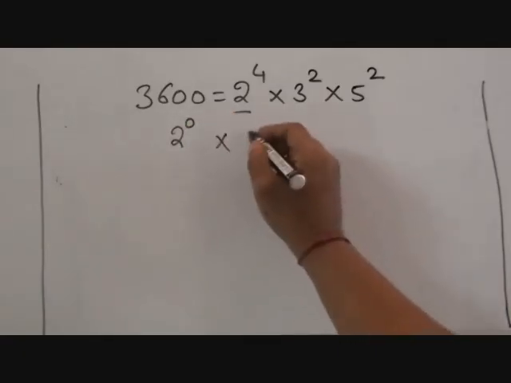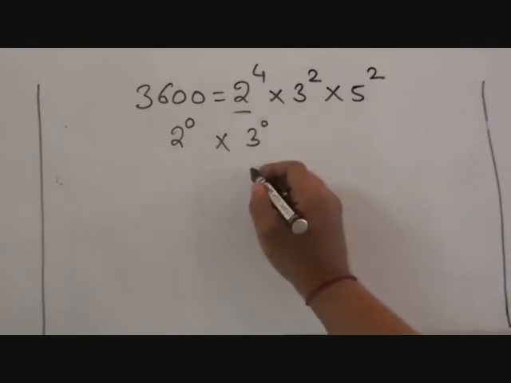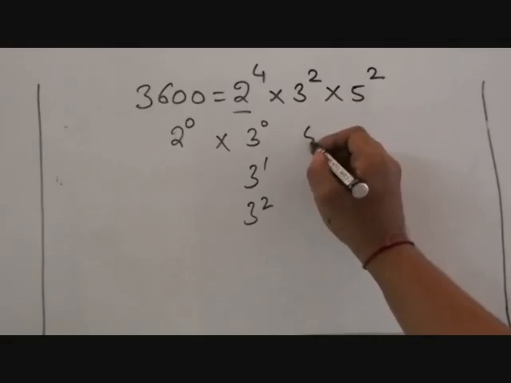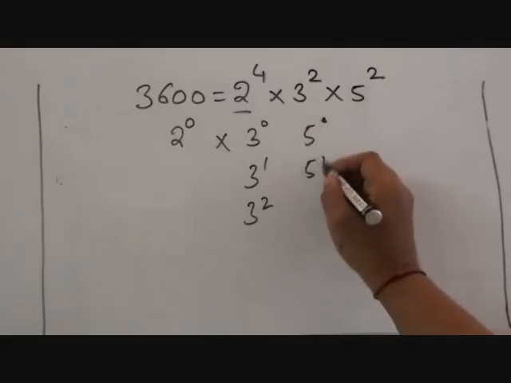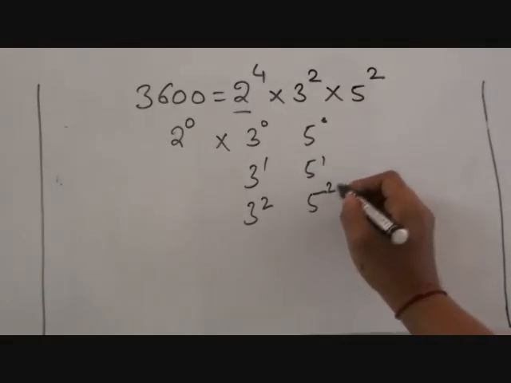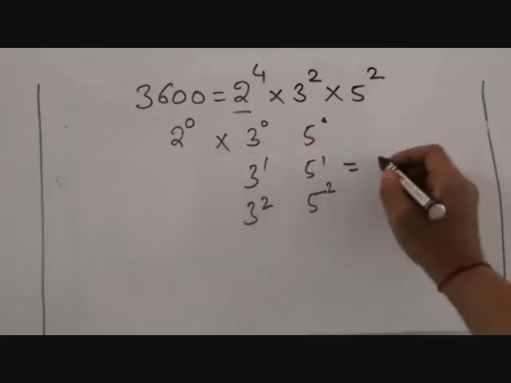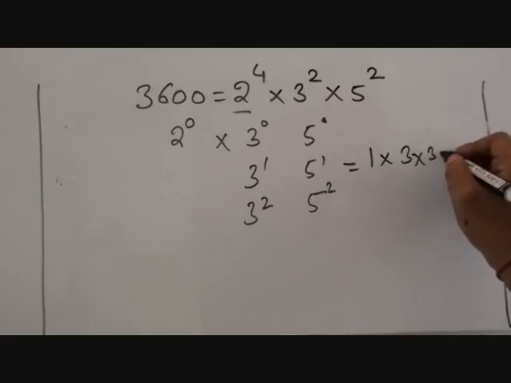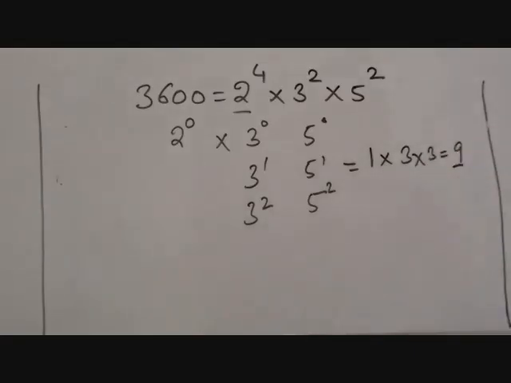The powers of 3 that we would take are 3 raised to 0, 3 raised to 1, 3 squared. Powers of 5 that we can take are 5 raised to 0, 5 raised to 1, 5 squared. So the total number of divisors would be 1 into 3 into 3, that is 9 divisors in all. We saw that the total number of odd divisors of 3600 is 9.